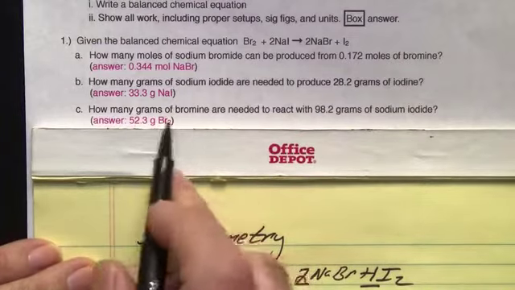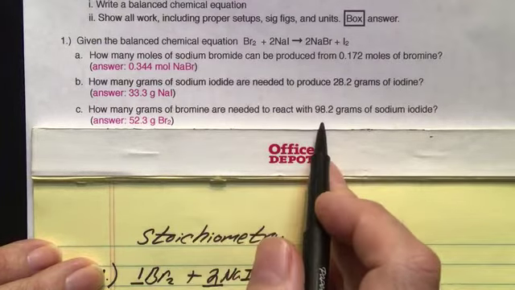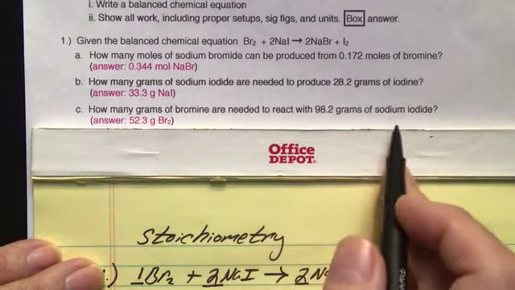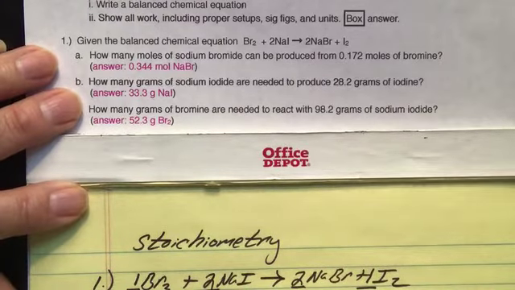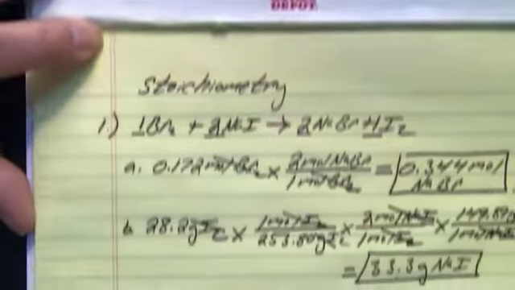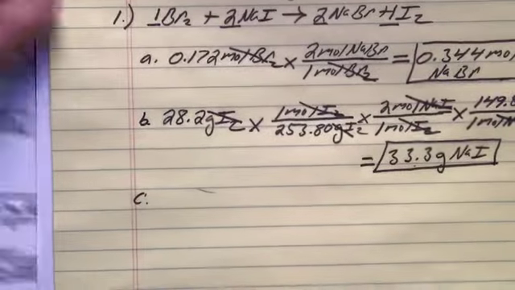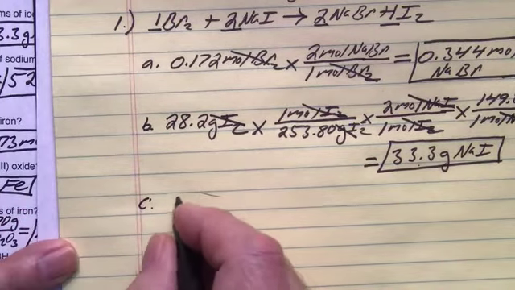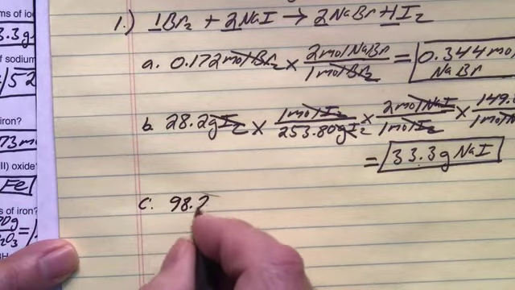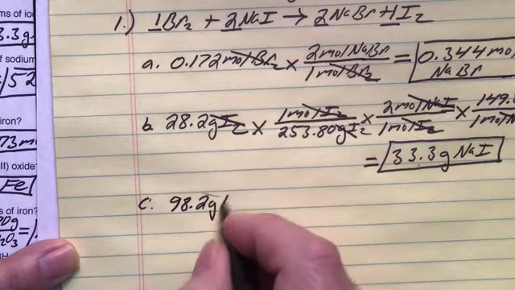How many grams of bromine are needed to react with 98.2 grams of sodium iodide? Okay, so let me go through this one a little more quickly. So we have 98.2 grams of sodium iodide.